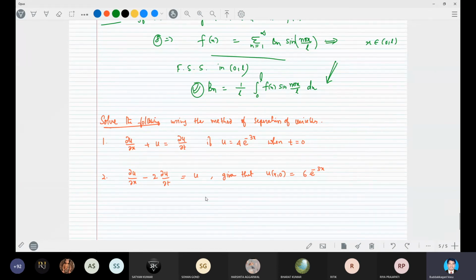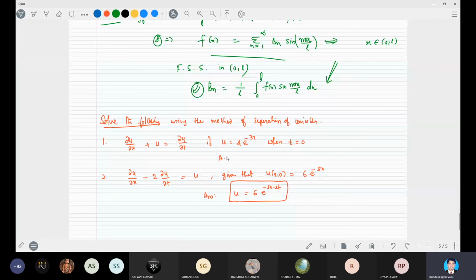Here the answer is u is equal to 6 into e power minus 3x minus 2t. This is the solution. For this one I don't have the solution, you may find out.